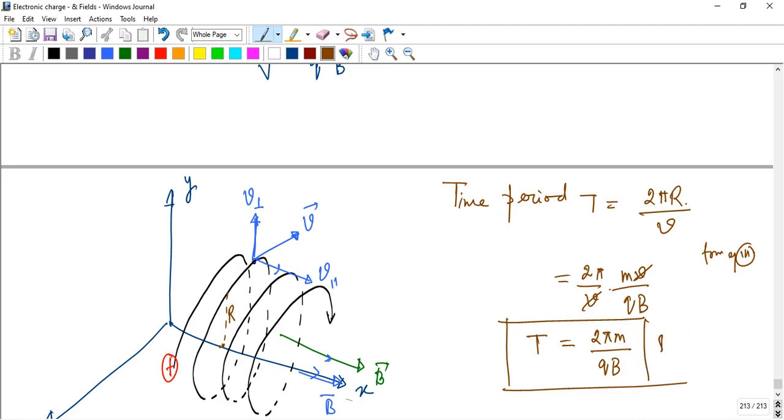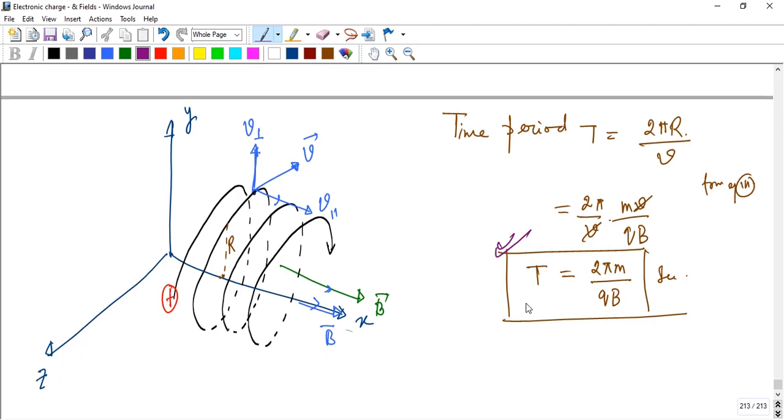Now we have found the time period. Okay, so there is an angular frequency omega, that is equal to 2 pi f, where f is the linear frequency, and that is equal to 2 pi by T, because we know that frequency f equals 1 by time period.